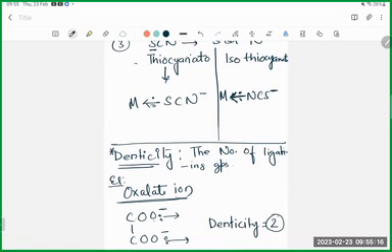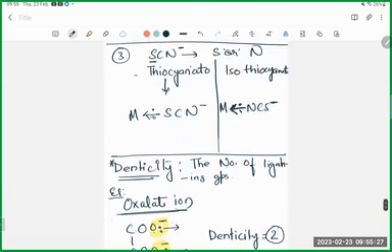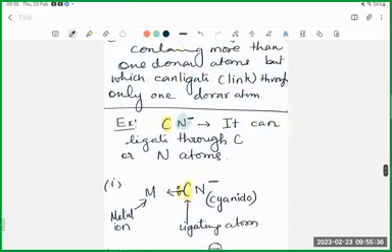Yes, ma'am. So this is the ligating atom, this is the ligating atom. Since we have two ligating atoms, the denticity of this ion is 2. Clear? Yes, ma'am. What would be the denticity of EDTA, Hridaya?